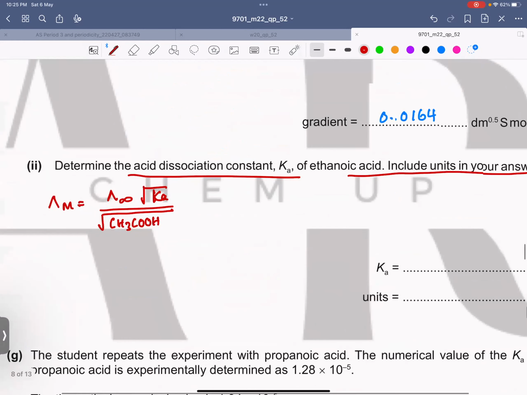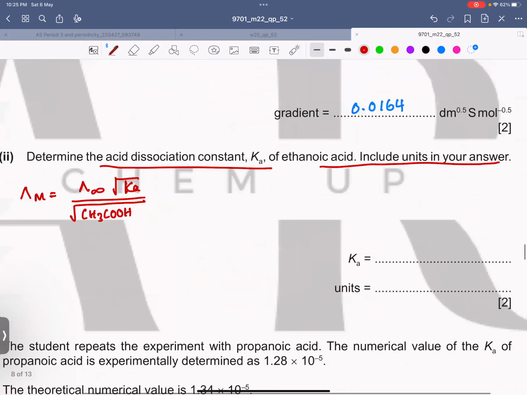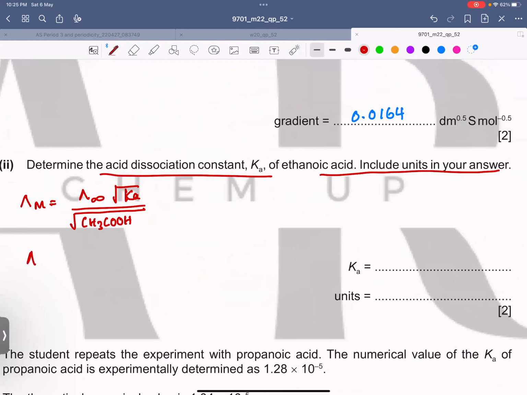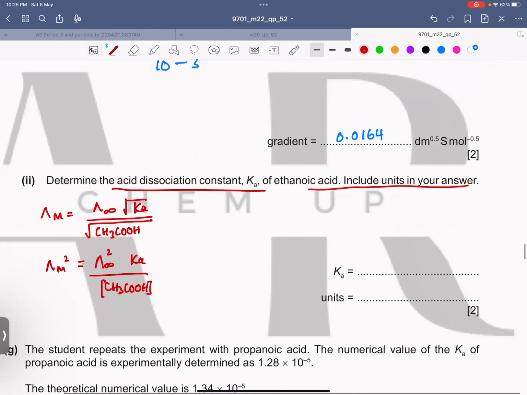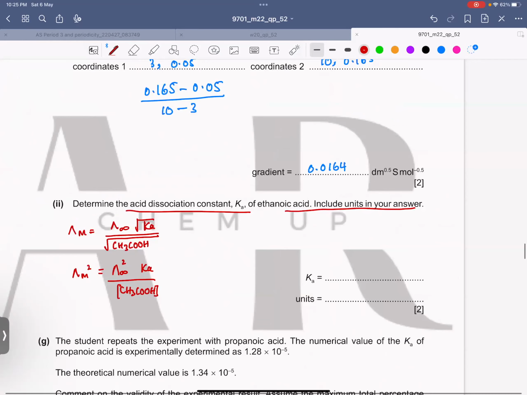So if I take the square of both sides, it would become square is equal to square into Ka over concentration of ethanoic acid.